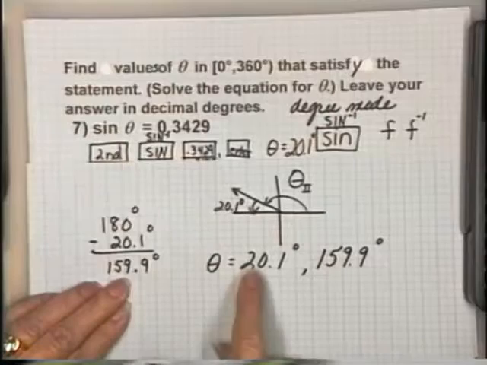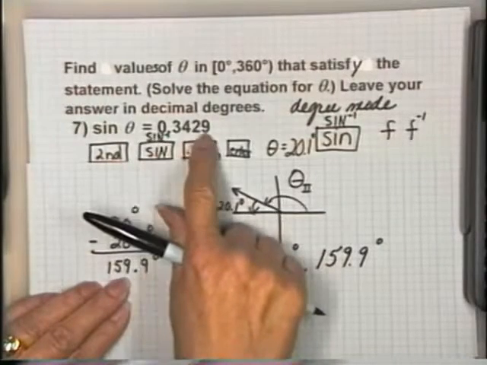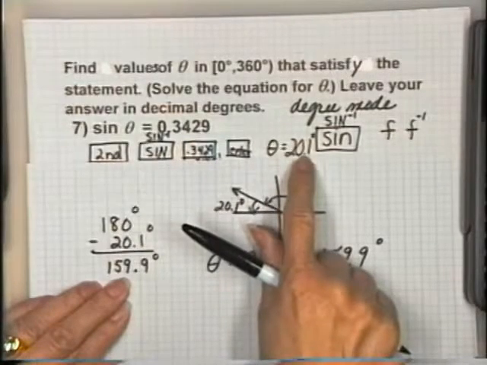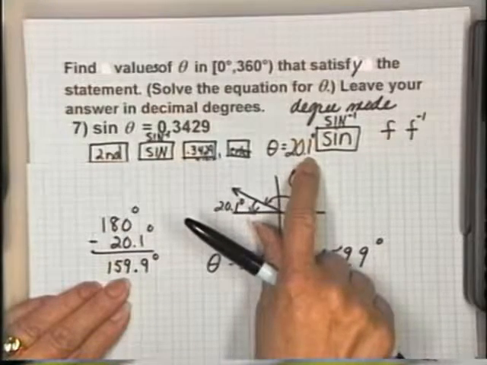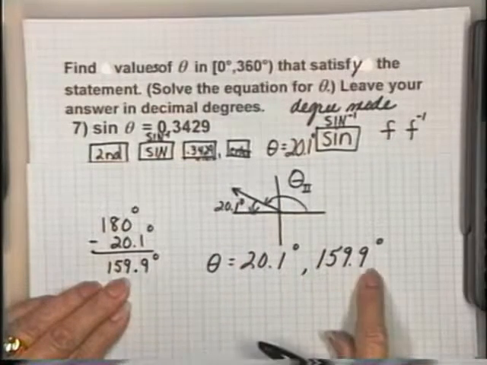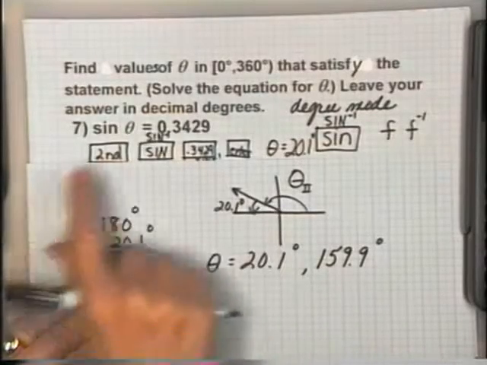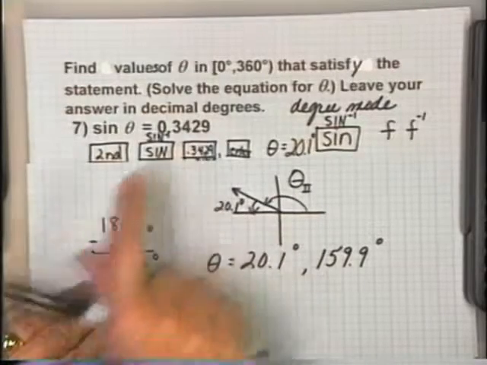You could find the sine of 20.1 degrees on your calculator, and it should approximately be equal to this number. Now, it will be a little different because remember we have rounded right here. We had something else in our calculator. We rounded up to 1/10, and you should find the sine of 159 9/10 degrees, and when you do, it should approximately be equal to this number.